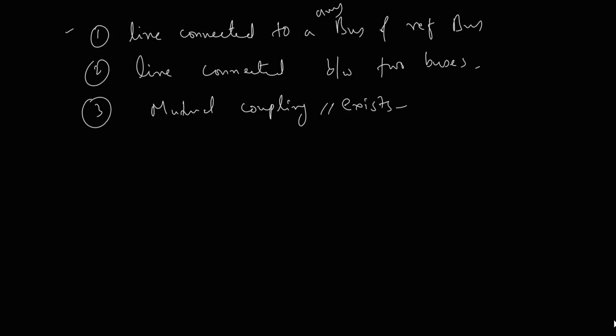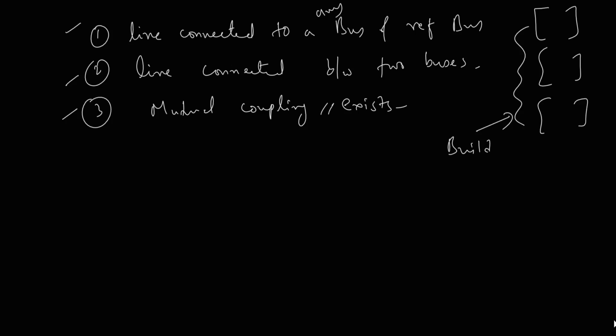Now, if you can find the submatrix for these three cases, I call them the building blocks. Let us find them one by one. Once I have these, I can add or subtract any line to the existing system and alter the Y bus accordingly.